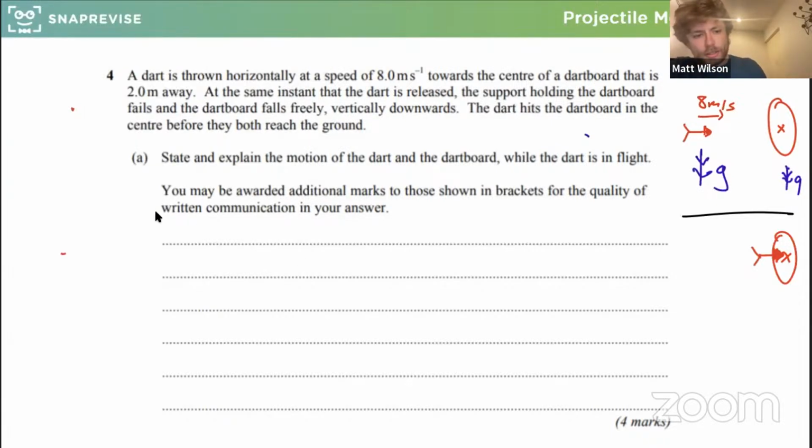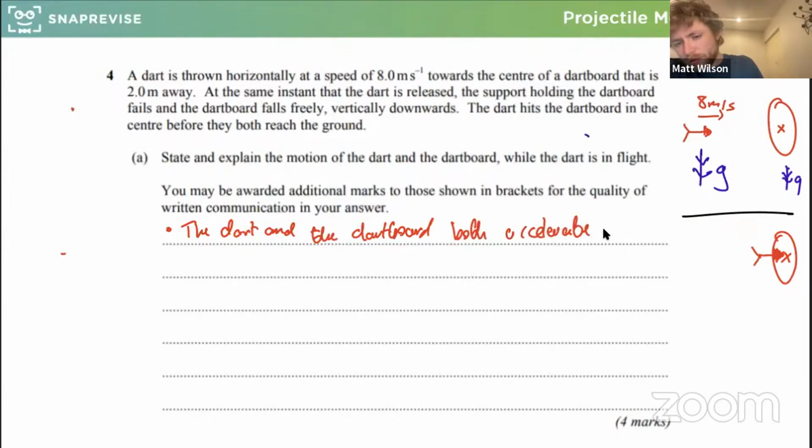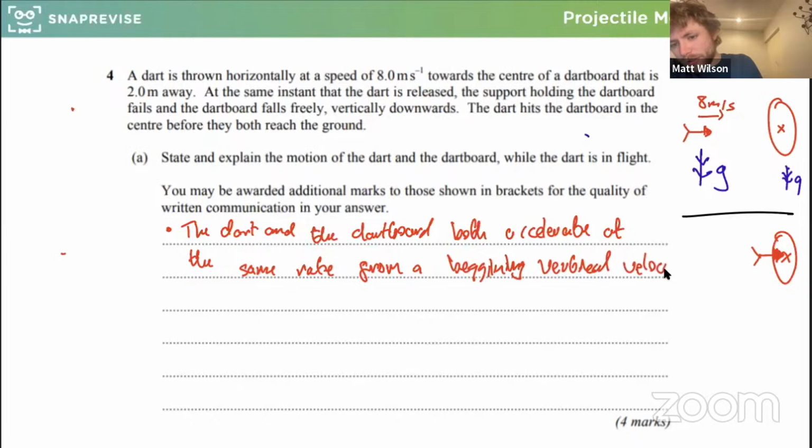Let's have a go. So first of all, the dart and the dartboard both accelerate at the same rate from a beginning vertical velocity of 0 meters per second.